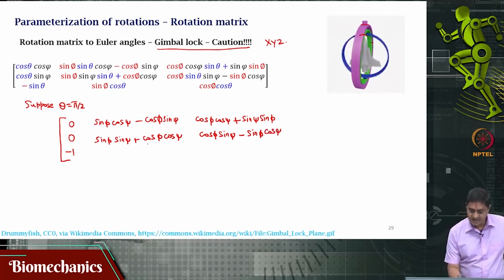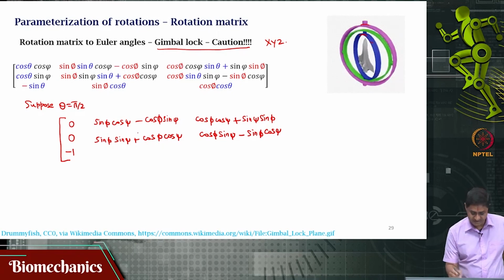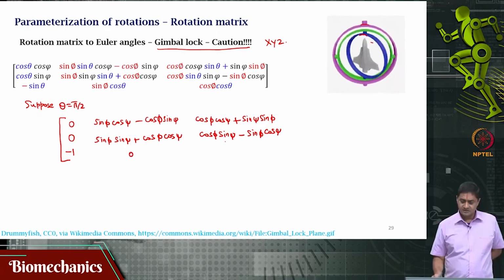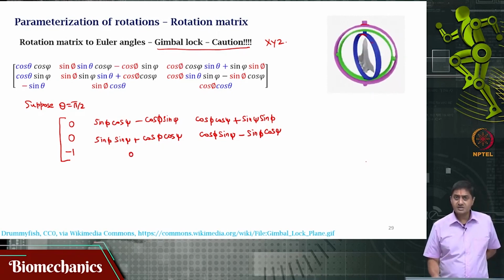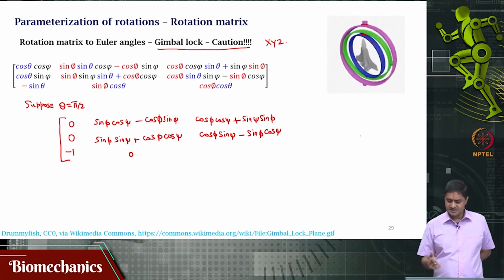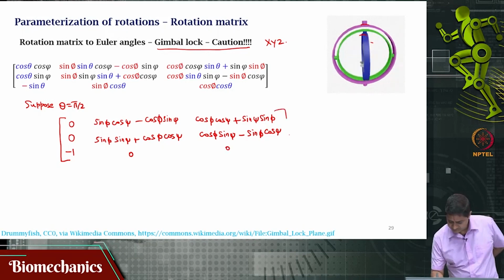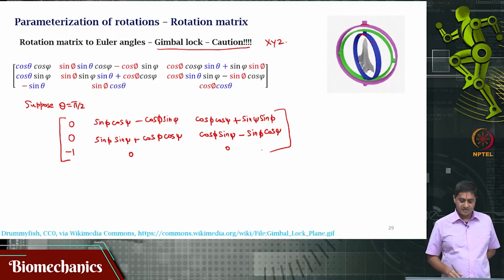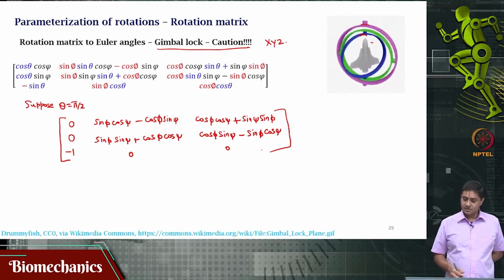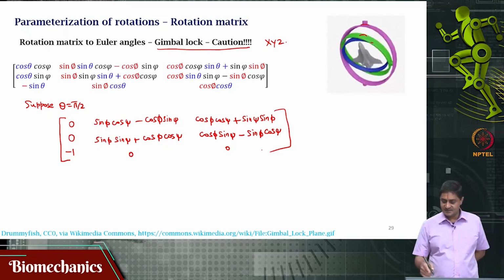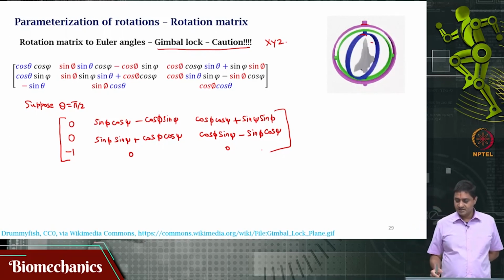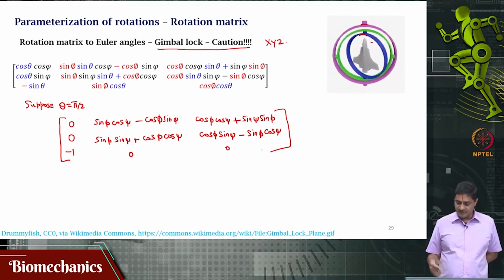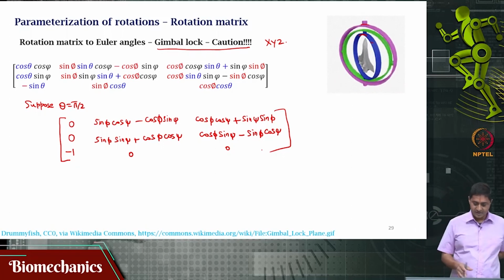The next one is sin phi cos theta, which is 0. The next one is cos phi cos theta, but for theta 90 degrees cos theta is 0. This is the rotation matrix that I get when theta goes to 90 degrees. The blue measure here is going to 90 degrees. When it goes to 90 degrees, this is what I will get.